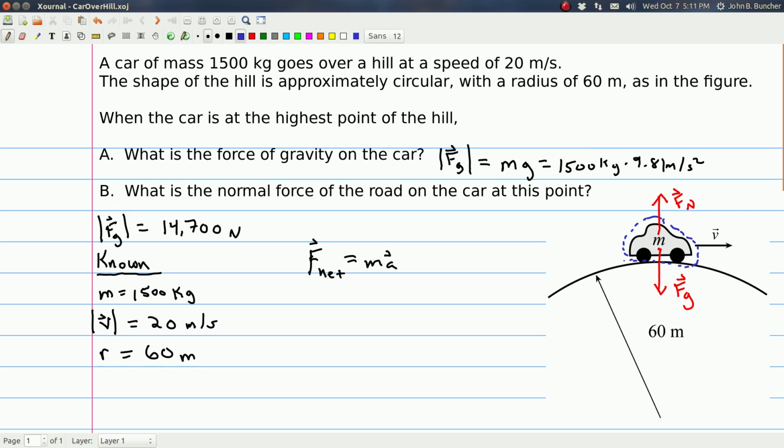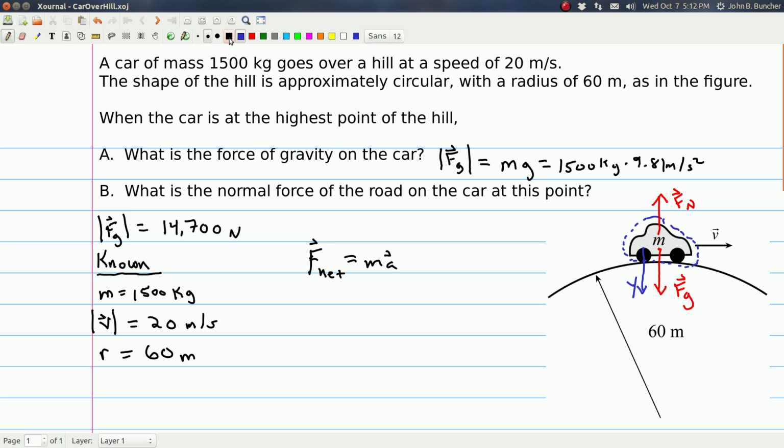But when we deal with circular motion, we know that the acceleration for an object in circular motion points towards the center of the circle. That's one of the rules. Whenever we have an object in uniform circular motion, the acceleration points towards the center of the circle. Because of that, and because I want to think of the acceleration as positive, I'm going to go ahead and pick the y direction to be towards the center of the circle.